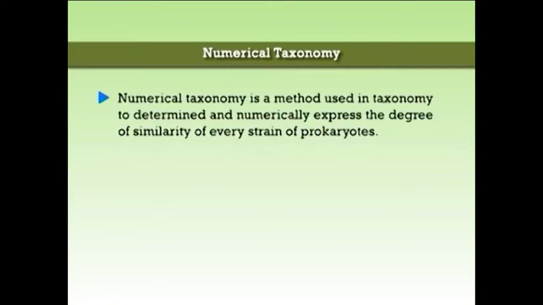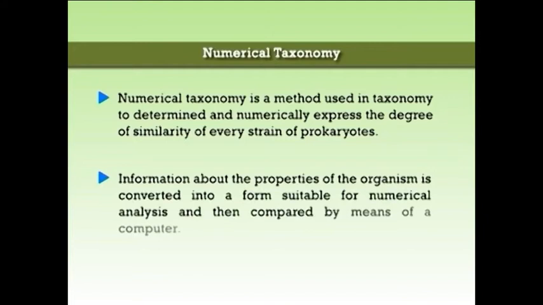Next, we'll see numerical taxonomy. Numerical taxonomy is a method used in taxonomy to determine and numerically express the degree of similarity of strains of prokaryotes. The information about the properties of the organism is converted into a form that is suitable for numerical analysis, and further, this is compared by means of a computer.